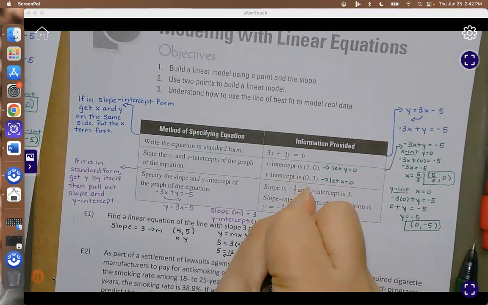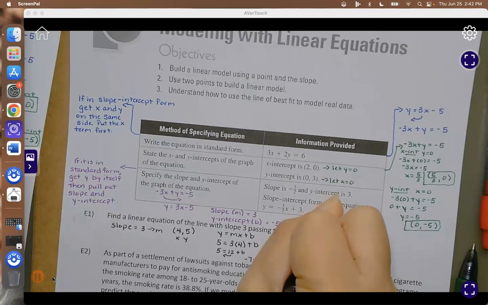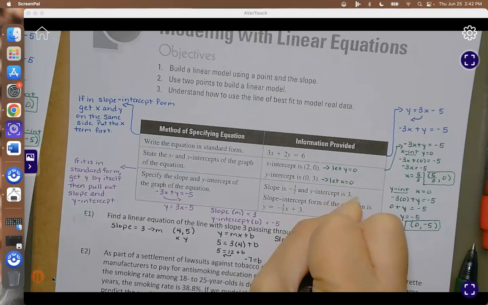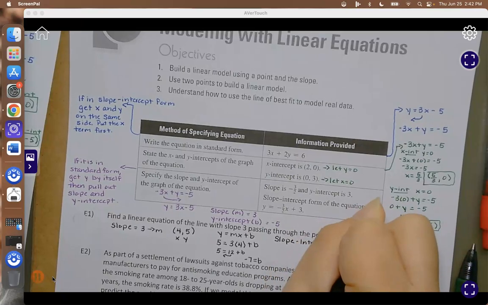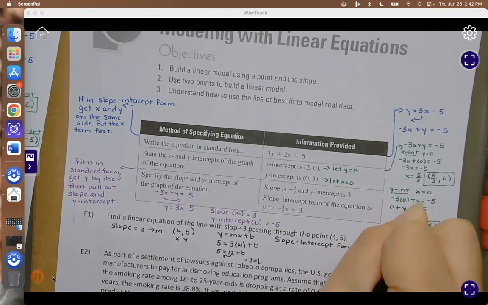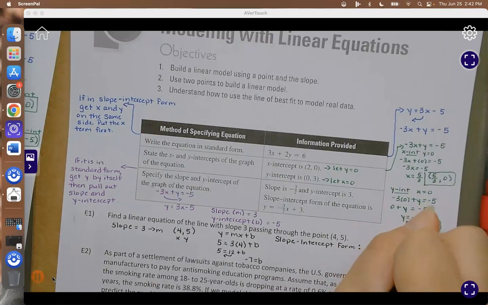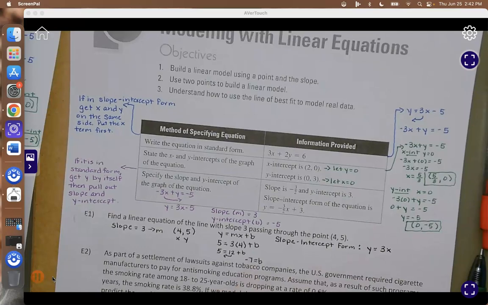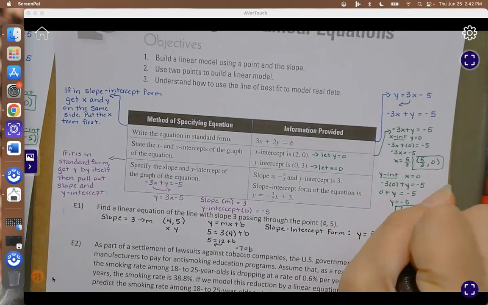Now, to write it in slope-intercept form, remember we write y equals m, which is 3, x plus b. So the plus the negative 7 would be like minus 7.